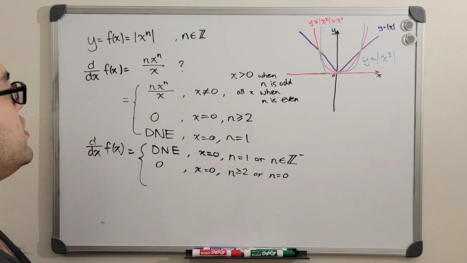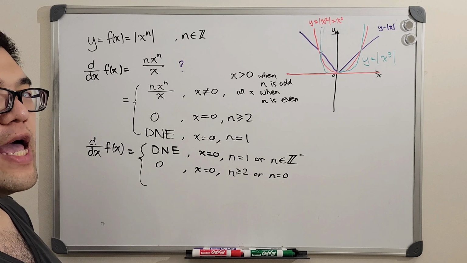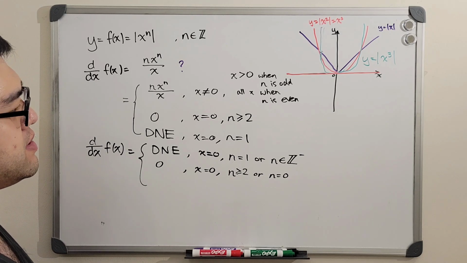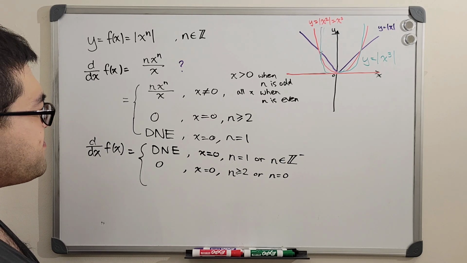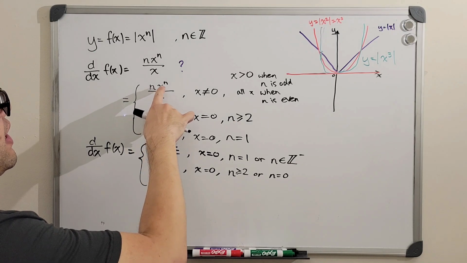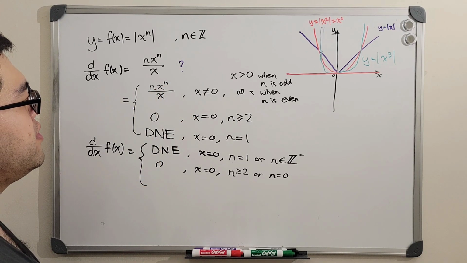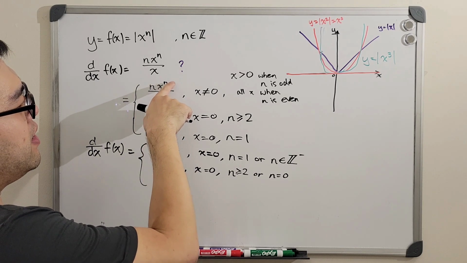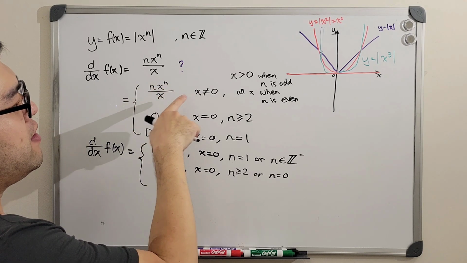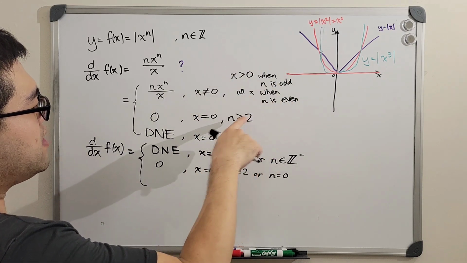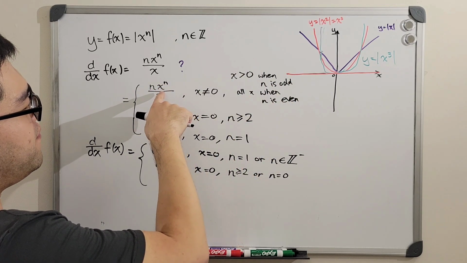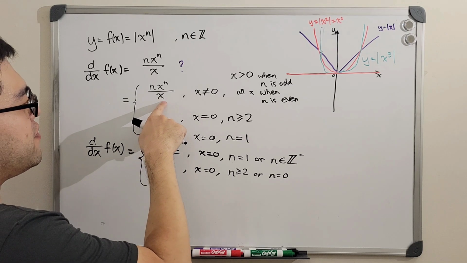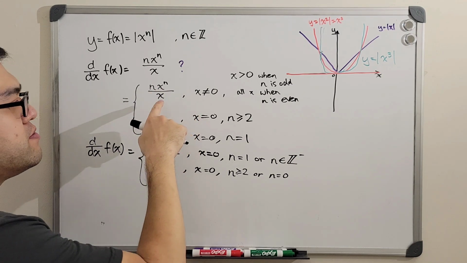Okay, we now need to consider the meaning of the absolute value or the modulus sign. Since x to the n power remains positive for all these cases, putting the absolute value here is no different from without the absolute value sign.